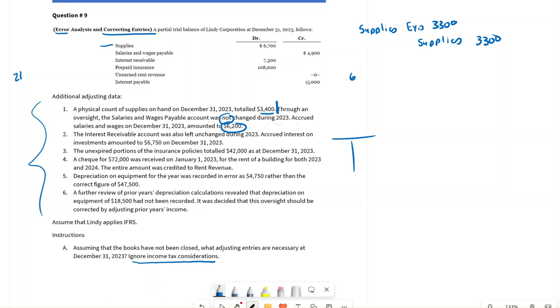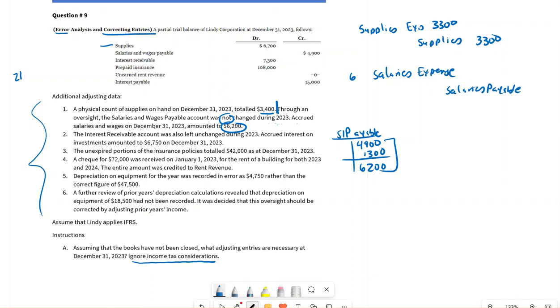We have a salaries payable account with a balance of 4,900. I need a balance in my payable of 6,200. So if that's the case, my payable needs to be increased. If your payable needs to be increased, debit will be my salaries expense, and credit will be my salaries payable.